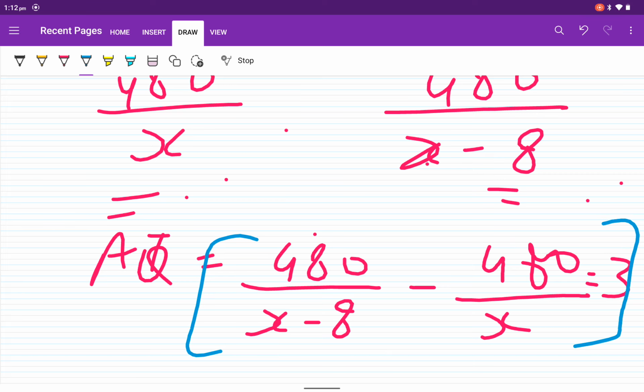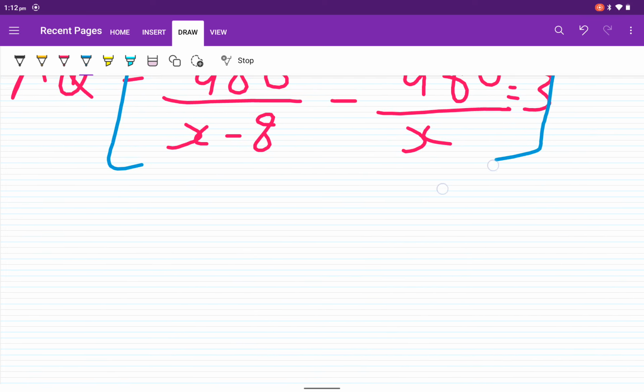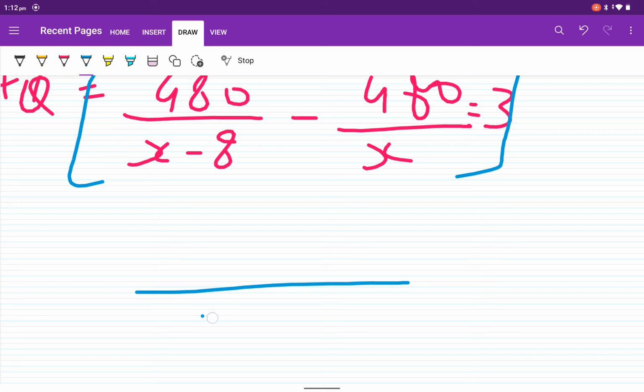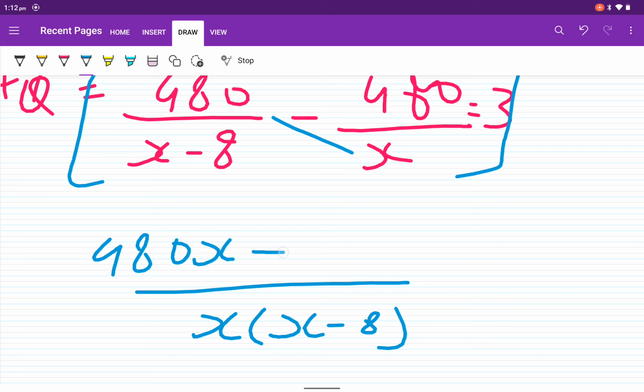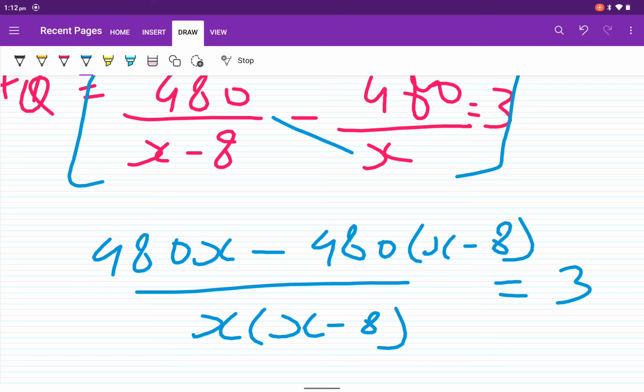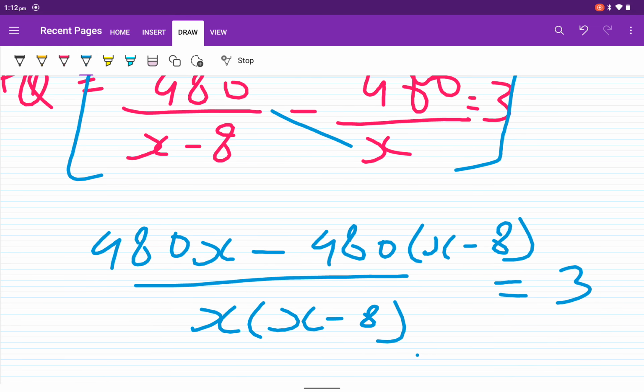So let's simplify it. x minus 8, we cross multiply. So you will get 480x minus 480 into x minus 8, equal to 3. I hope I made myself very clear to you.